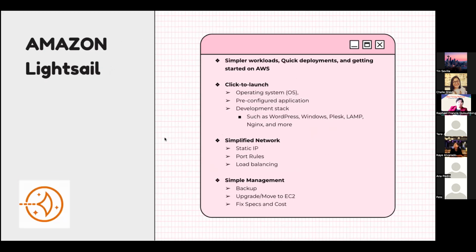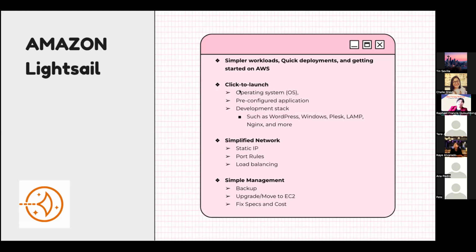Right. Now, if you want to go simple, you're coming from maybe cPanel or other cloud providers that are simple and have fewer services, there is a good service for you called Amazon Lightsail, which is simpler, for quick deployments and getting started on AWS.